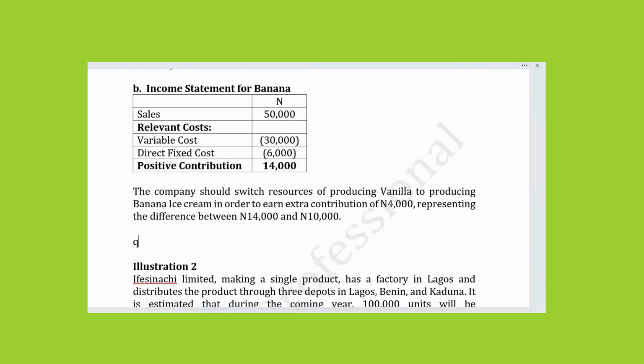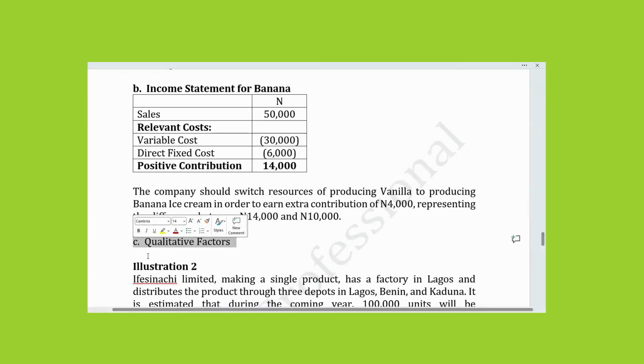All right, so qualitative. All of us are going to contribute to these qualitative factors. Don't just talk randomly. If you know any, just raise your hand and I will write it down for you.